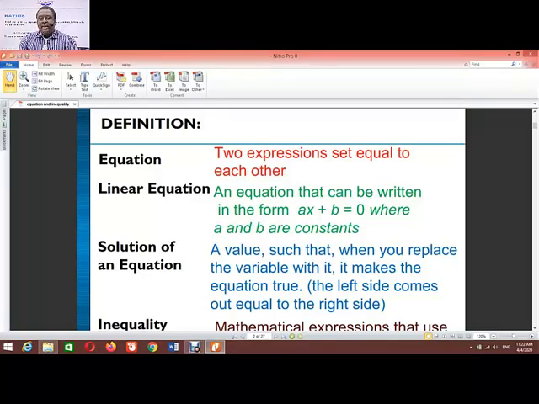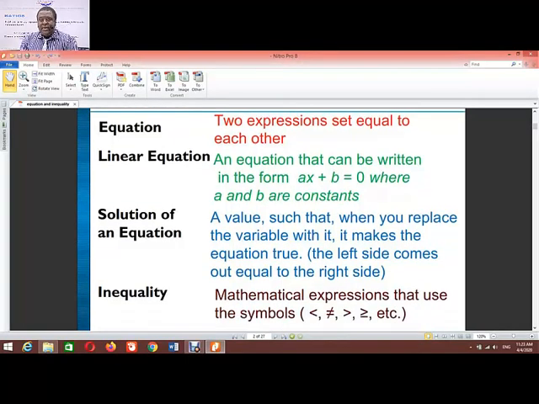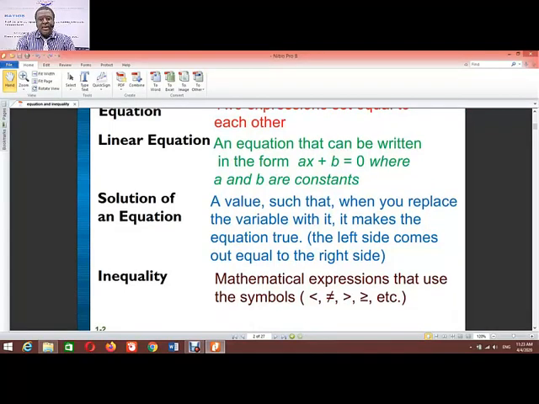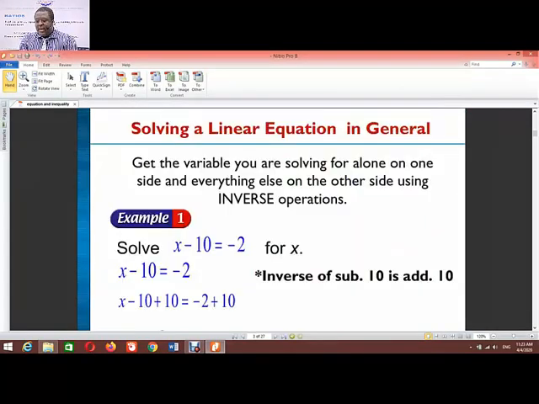The left side comes out equal to the right side. Inequality is the mathematical expression that uses the symbols less than, not equal to, greater than, greater or equal to, and so on. Now, let's move on to how we solve linear equation in general.